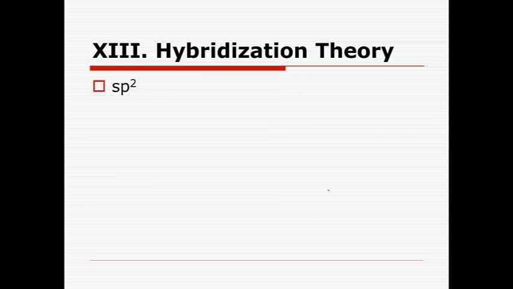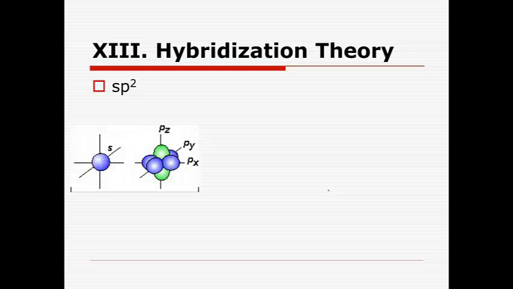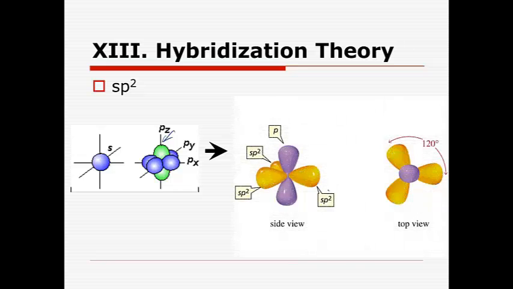In sp2 hybridization, you take s and only 2 of the p's. So this one right here, the pz orbital, the one that's sticking up and down, nothing happens to it. It is unhybridized.